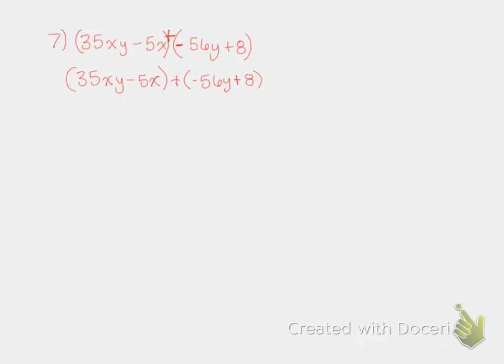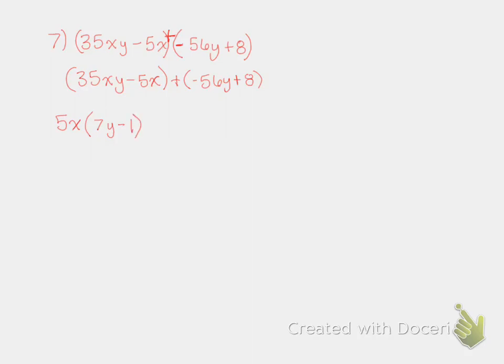So if you look at your first term, okay, greatest common factor between 35xy and 5x, well, that's going to be your 5x. Okay, well, 5 goes into 35 7 times. All you have left is the y. Minus, well, 5x goes into 5x 1 time.